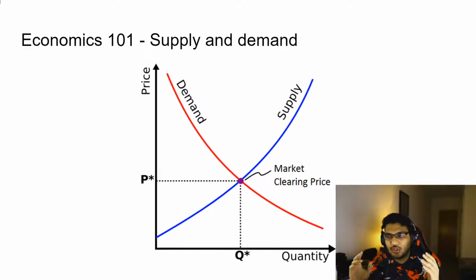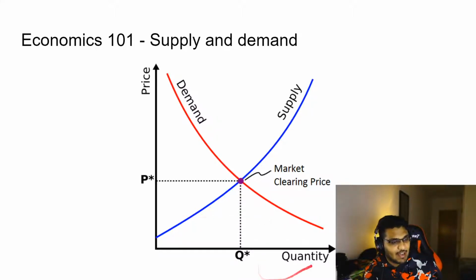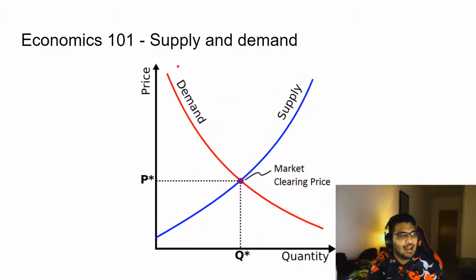Okay, so economics 101. You need to understand supply and demand, right? You basically have some quantity of the item, and then you have a supply of it, and then there's demand for that. And for every supply, there's some demand curve that meets it. And wherever that meeting happens is the price.